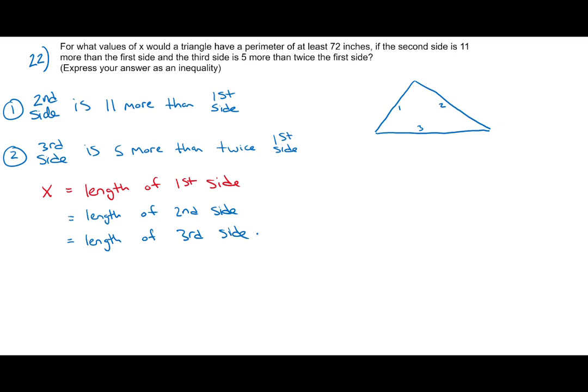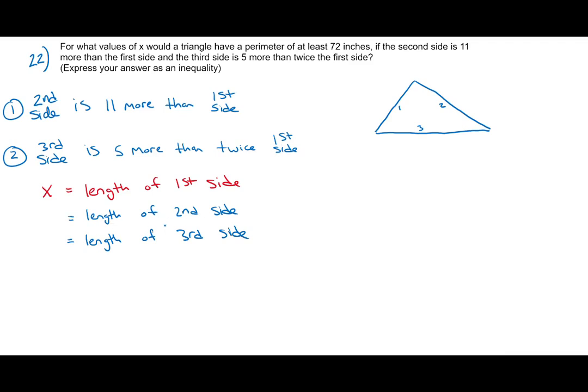Now we definitely don't want to use 3 variables x, y, and z, because then we need a system of 3 equations, and it's much more complicated than it needs to be. We'll just stick with the variable x, and we'll express symbolically the length of the second side and length of third side based on these 2 statements up here.